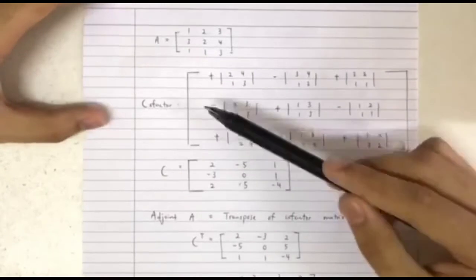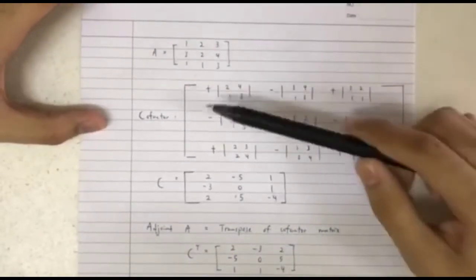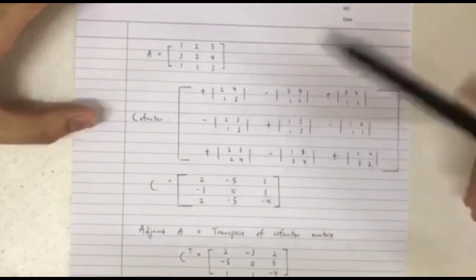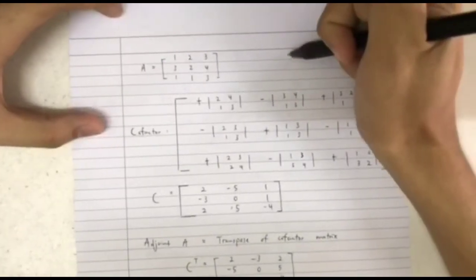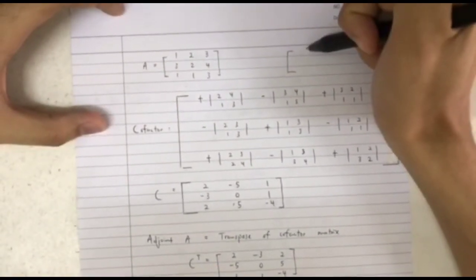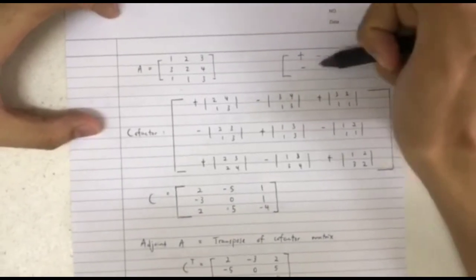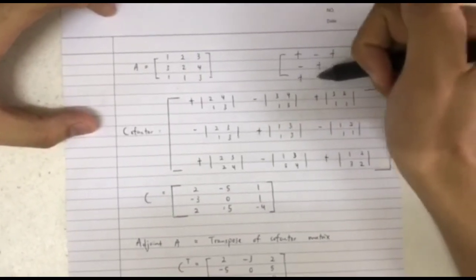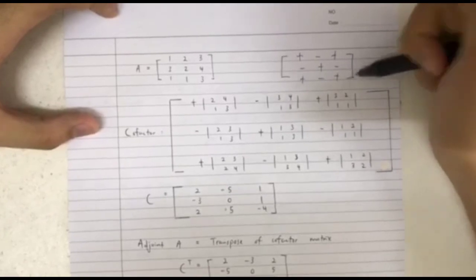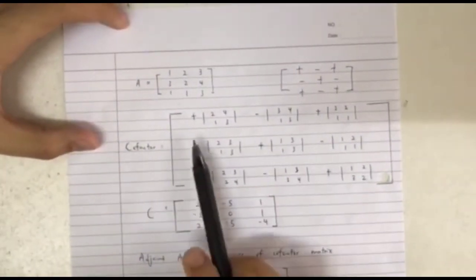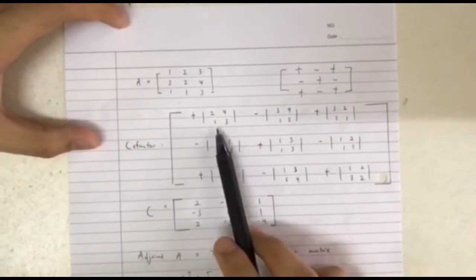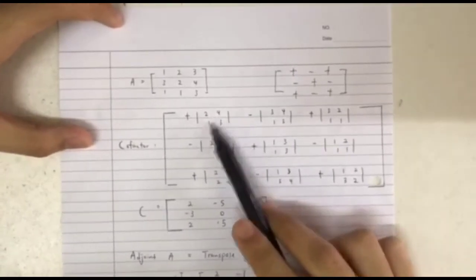So, let's do it. Cofactor. For the cofactor, the signs are plus, minus, plus, minus, plus, minus, plus, minus, plus. So the cofactor of first row first column, this one is the minor.